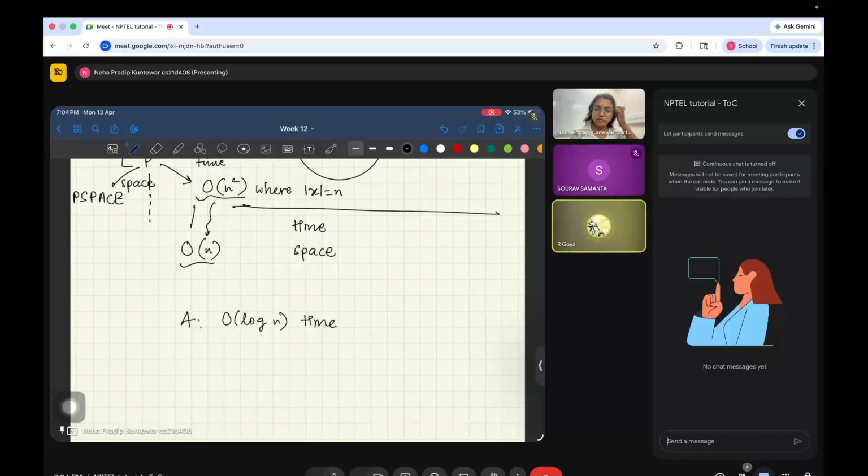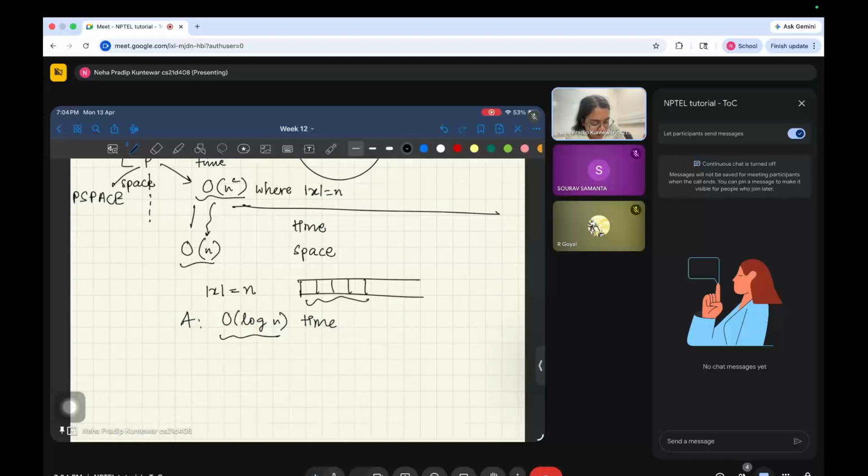If the length of the input is n and you are only given order log n amount of time, then you are not even looking into the entire input, because by the time you take order log n many steps, you're already done. You'll never be able to read the other part of the input. So you don't even have time to look at the entire input, so it doesn't really make much sense to talk about these kinds of languages.